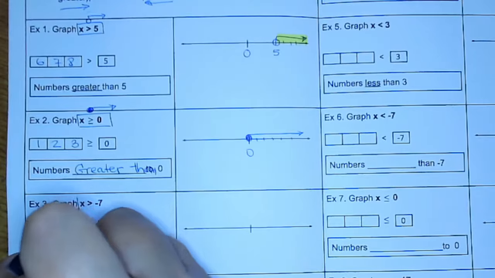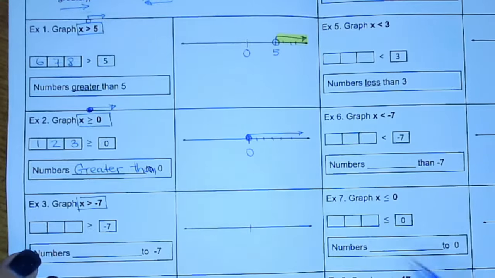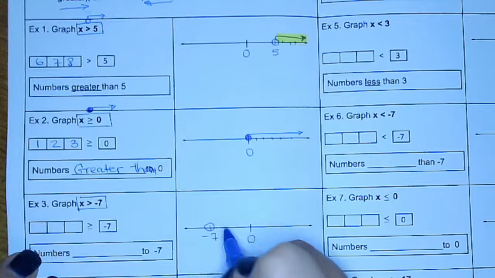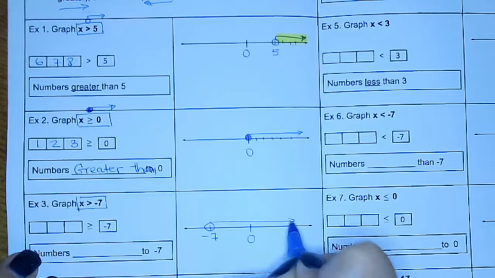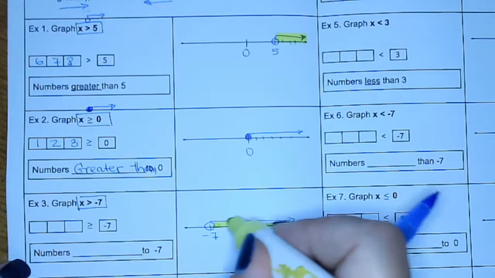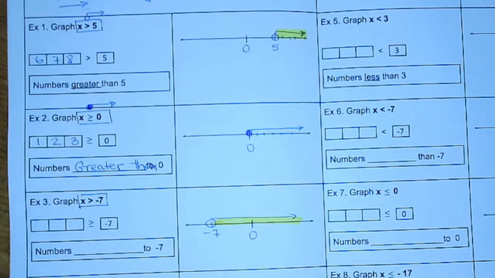Where are the numbers greater than negative 7? Compared to 0, negative 7 is on the left-hand side. And the numbers greater go to the right. All the positives are greater than the negatives. Numbers grow to the right.